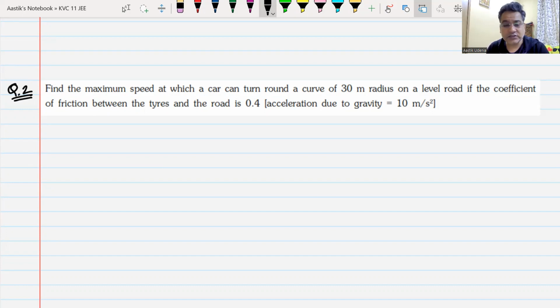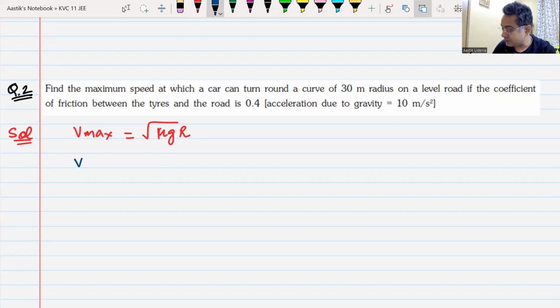You have to find out the maximum velocity. Can I have your answers, please? What is the maximum velocity? Root over mu gr. Vmax is root over mu gr. That is what you need to apply here.